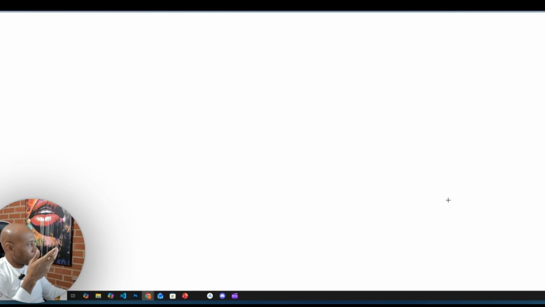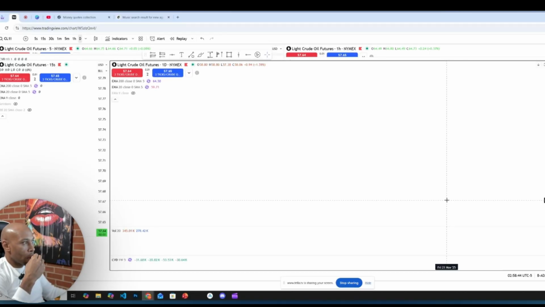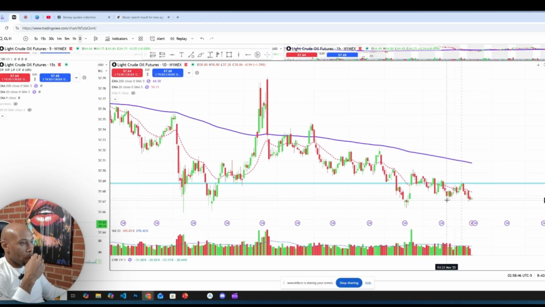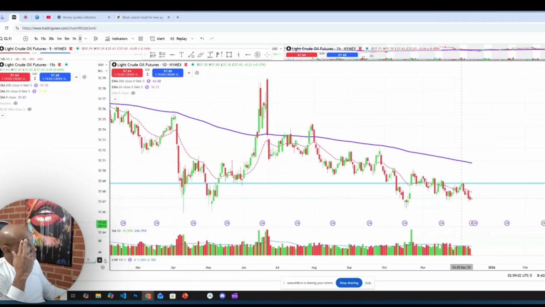So it's close to it, but also probably a support level up around this area, even this area. But for the most part, price is trending downward on the daily. So that just gives me a decent idea.